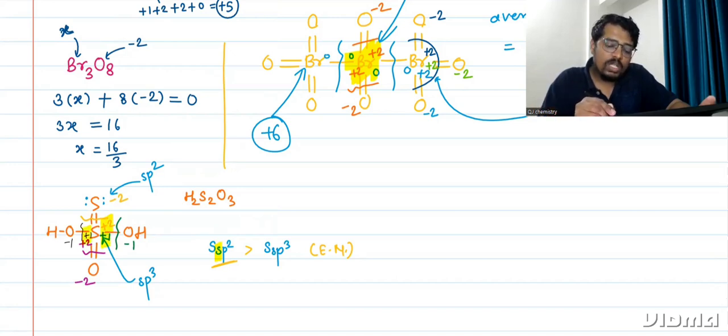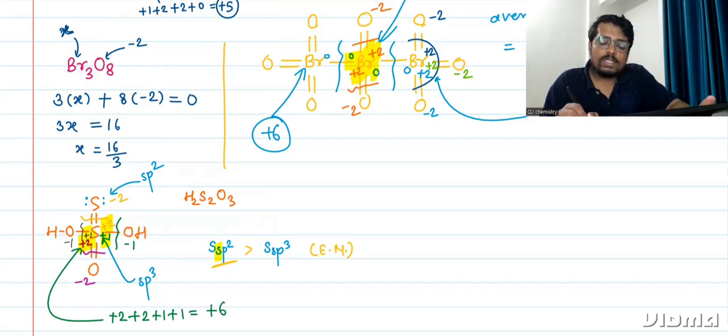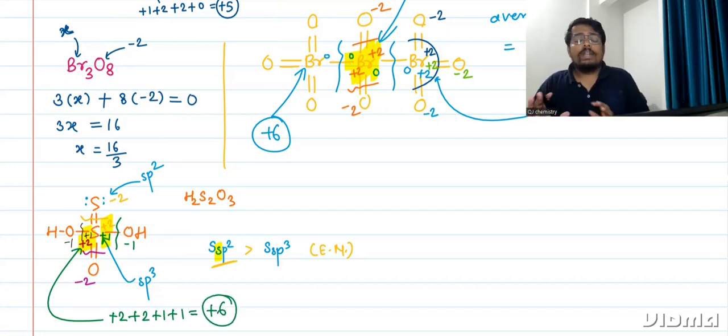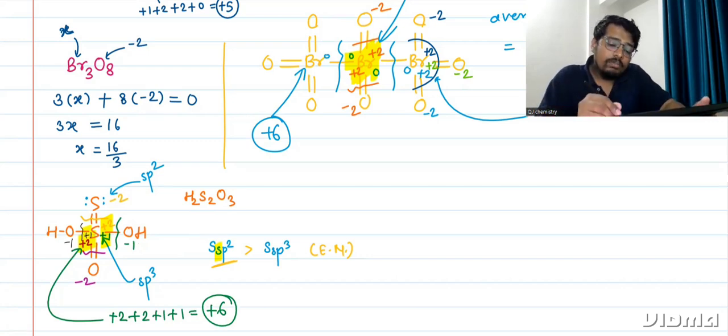What is the total charge on the central sulfur atom? Plus 2, plus 2, plus 1, plus 1 is equal to plus 6. The oxidation state of the central sulfur atom is plus 6, while the oxidation state of this terminal sulfur atom is minus 2.